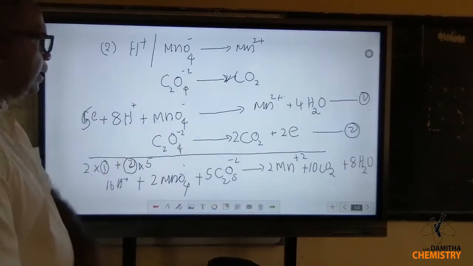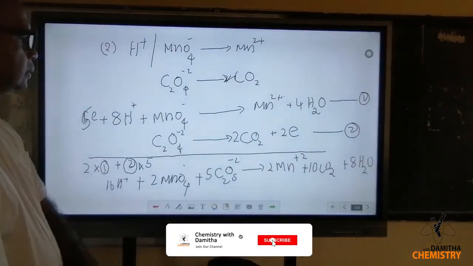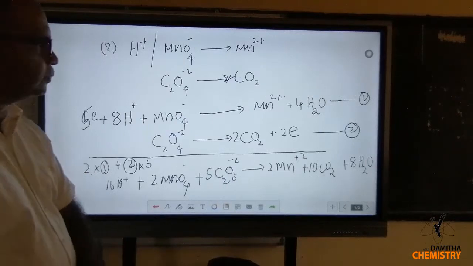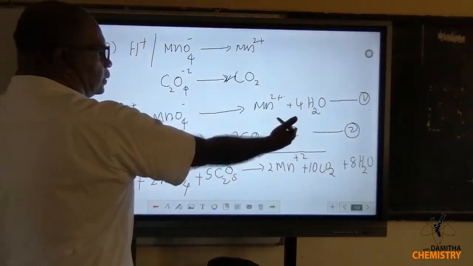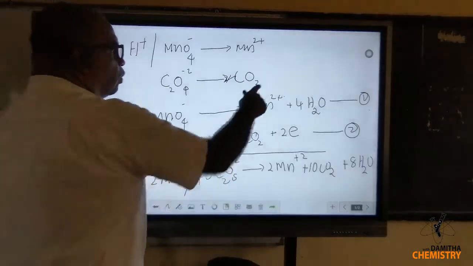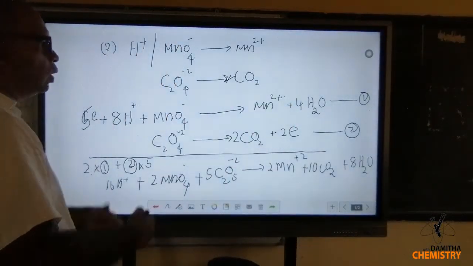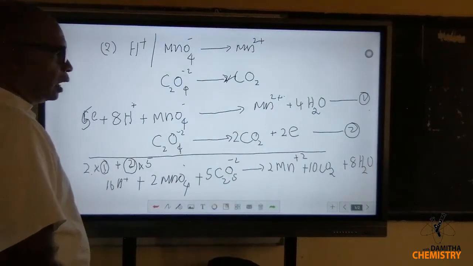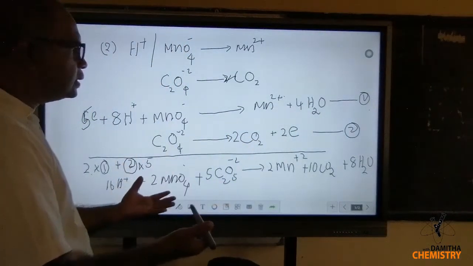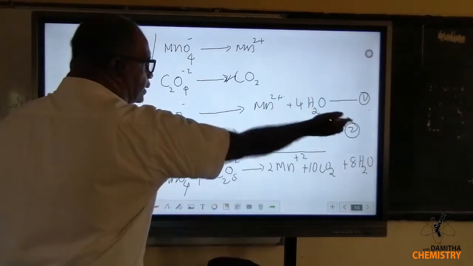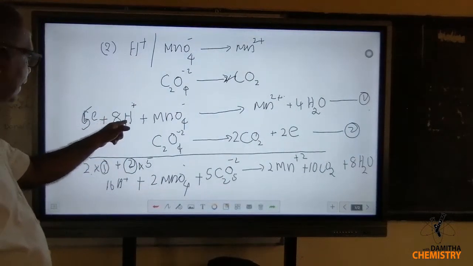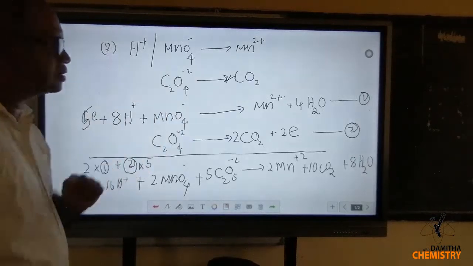The left hand side has 4 oxygen, the right has none. Therefore, add 4 water. Then hydrogen is unbalanced: the right hand side has 8 hydrogen, so add 8 H+ on the left.